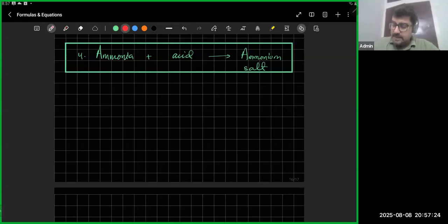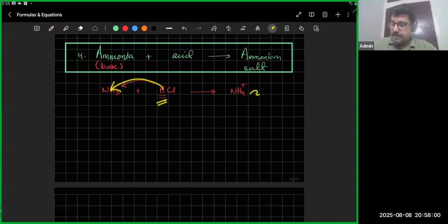So this happens. It's a base. Remember, ammonia is a base. We already discussed that. And it accepts the H that's coming from the acid. So you've got ammonia, and I've got an acid, let's say HCl. The H will be accepted by ammonia. Ammonia is a base. And when it gets accepted by ammonia, ammonia becomes NH4 plus 1, because there's an H coming from the other side.